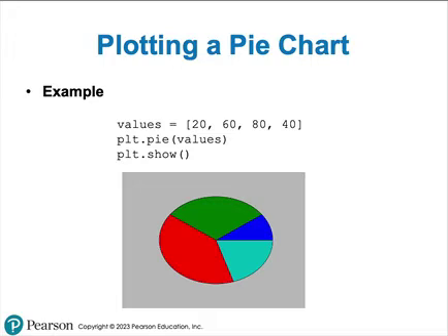So here we have 20, 60, 80, and 40. And when we plot those, it's going to use its choice of colors to generate the pie chart. And then, of course, plt.show is going to show our pie chart.